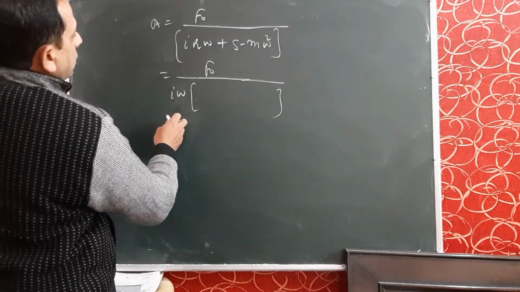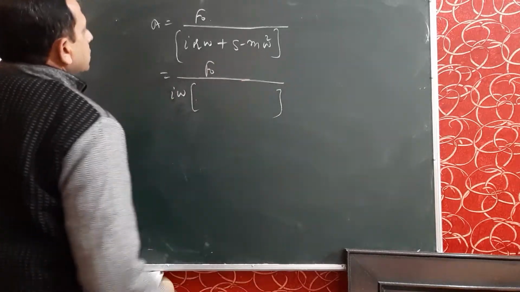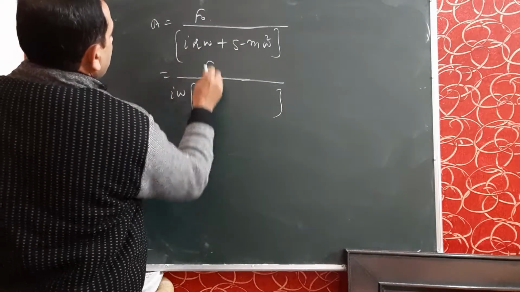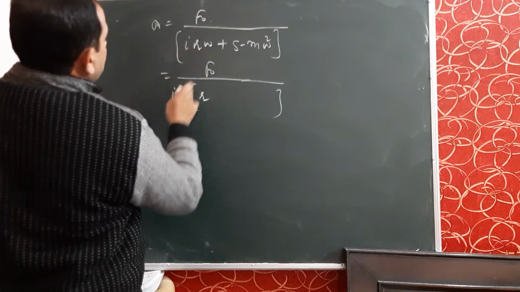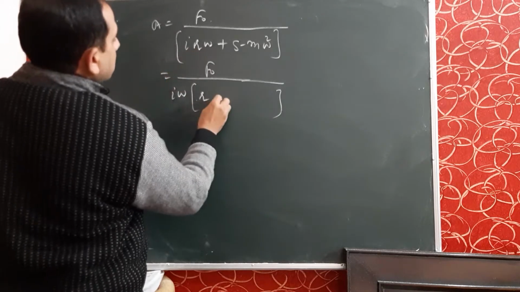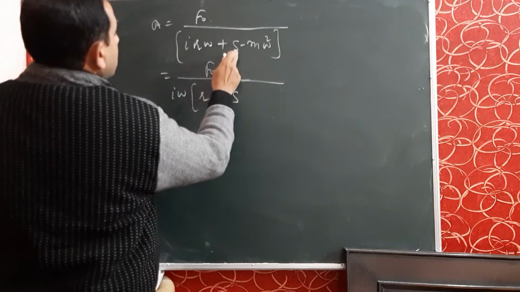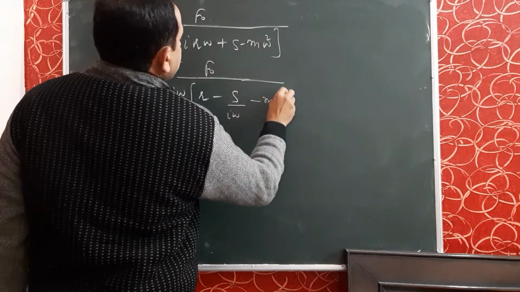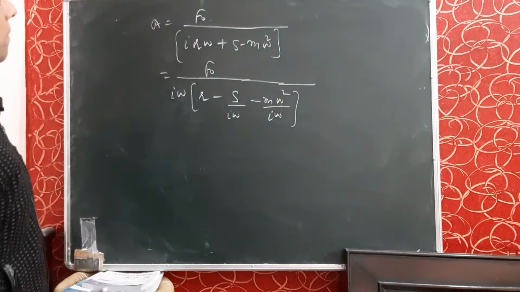When something is common, we have to divide the other terms within the bracket by it. So, iota omega is common, and r is here, because iota r omega divided by iota omega is r. Similarly, we have s upon iota omega and minus m omega square upon iota omega. Is it clear?